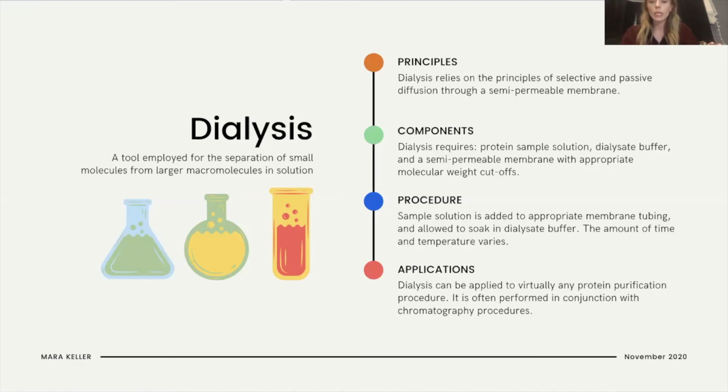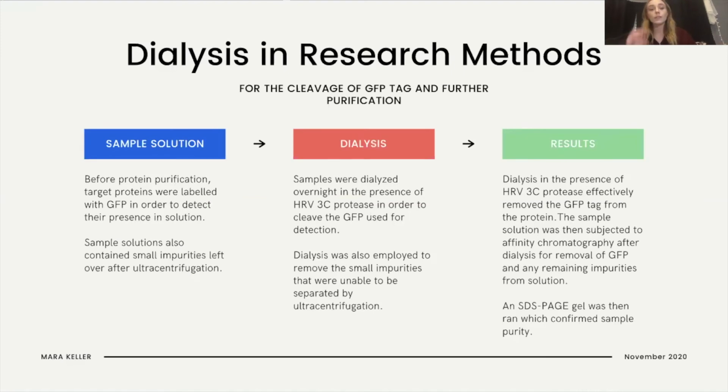And then just going into dialysis in this specific paper that I'm talking to you about. So this paper, before they actually did protein purification, they started by testing if PMA could even solubilize GPCR from solution or from the membrane.